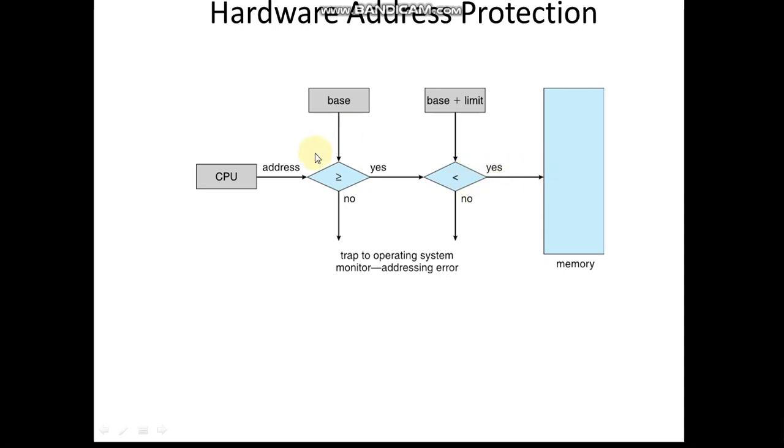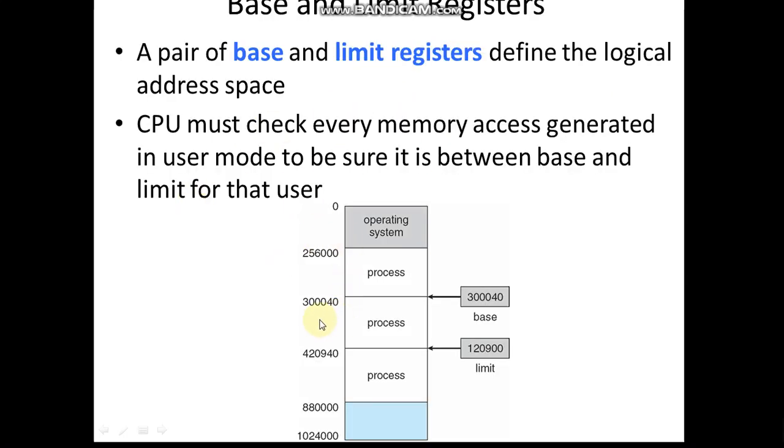Otherwise, the address generated by the CPU is invalid, and it traps to the operating system, indicating an addressing error. It should lie between the base and base plus limit. In this example, it should lie between 300040 and 420940.